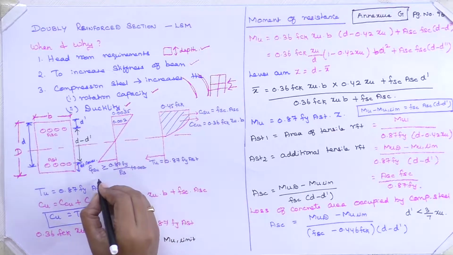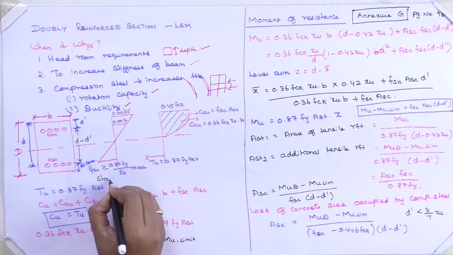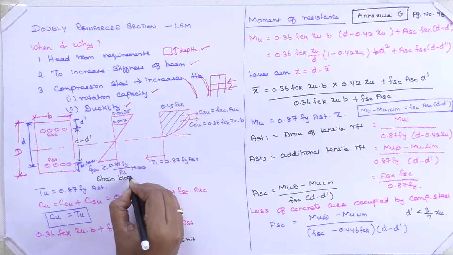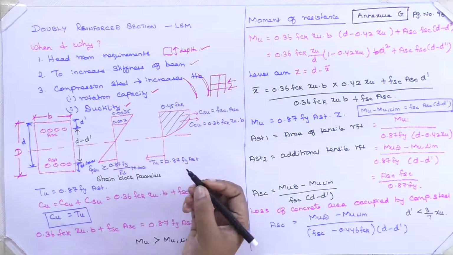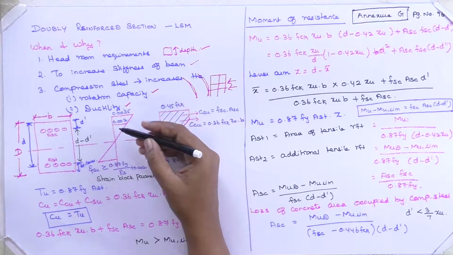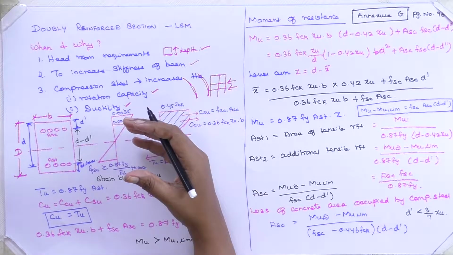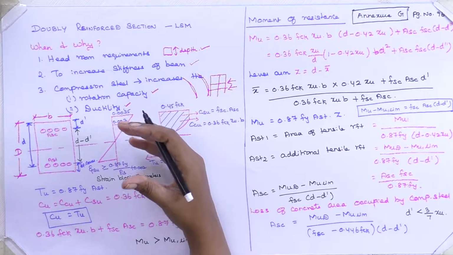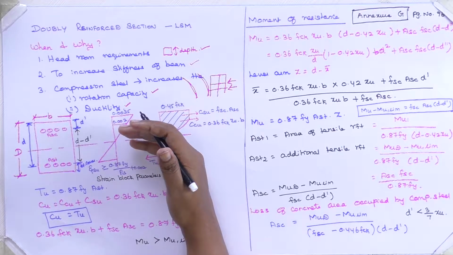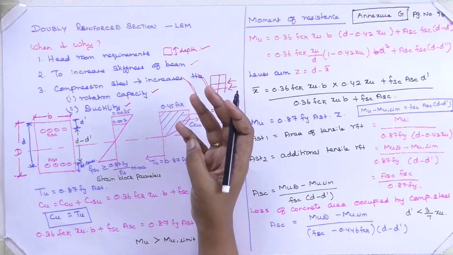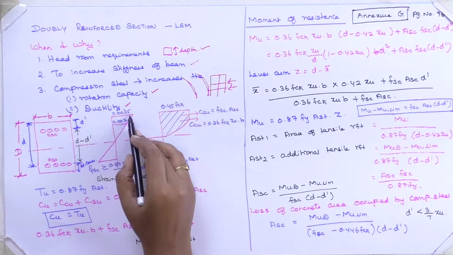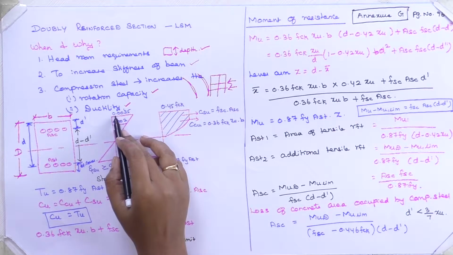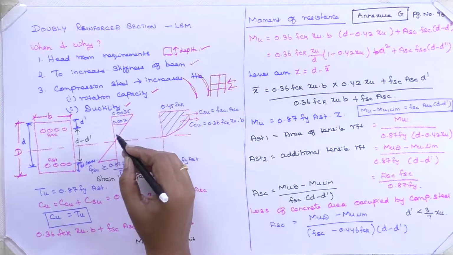Okay, first coming to the strain block. Strain block parameters. As of now, we all know that we have created some assumptions while starting my session in limit state for flexure. The first assumption is that the maximum strain taken by the concrete is 0.0035.